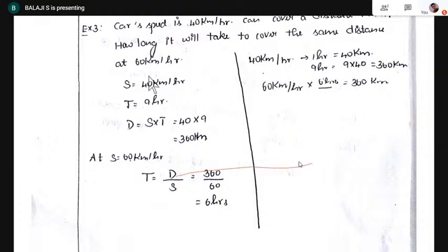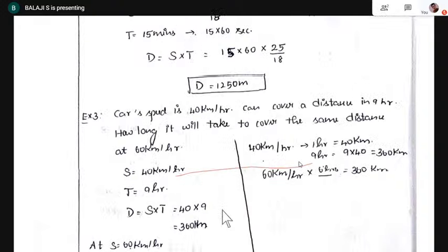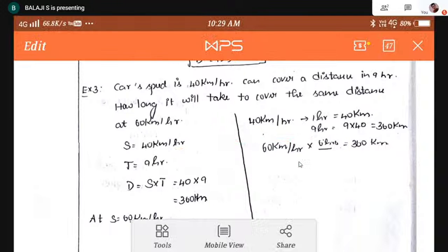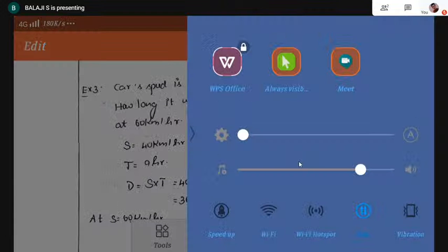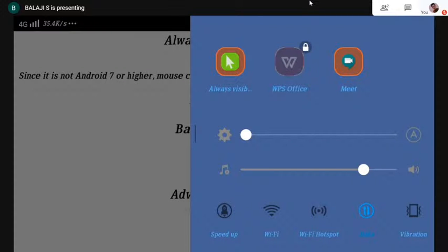Let me teach you a small trick. See here, a car is traveling at 40 kilometer per hour.